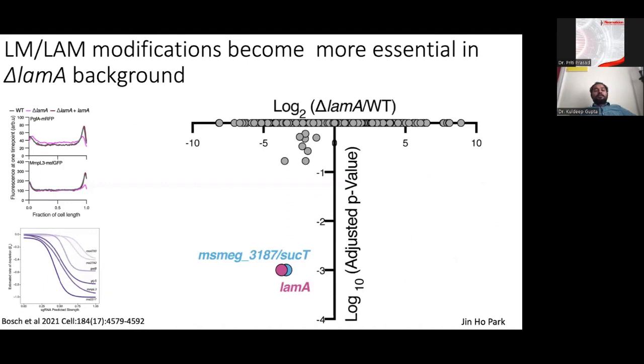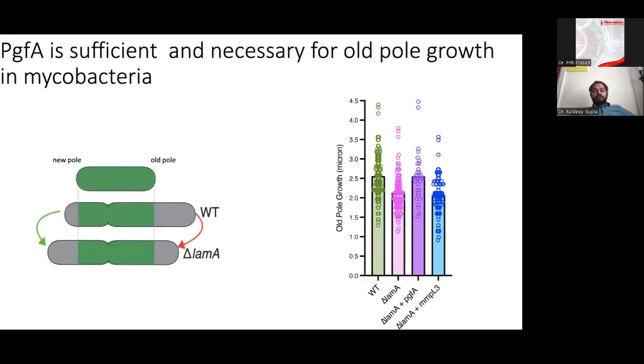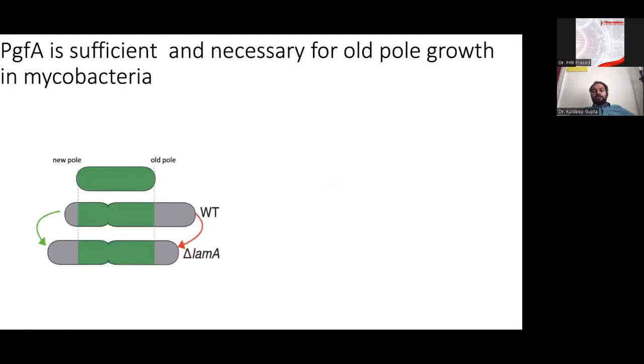Then we performed a TnSeq analysis and found that in the llama knockout background, the levels of SACTI, a protein involved in LM-LAM synthesis, go up. So this goes on to show that llama regulates polar growth in mycobacteria through PGFA levels.